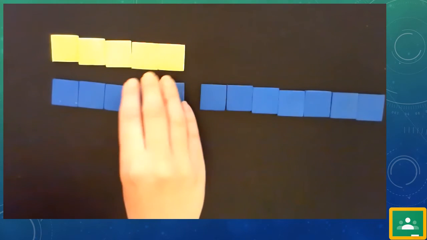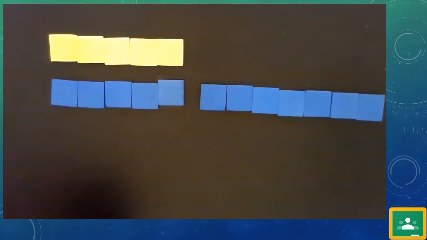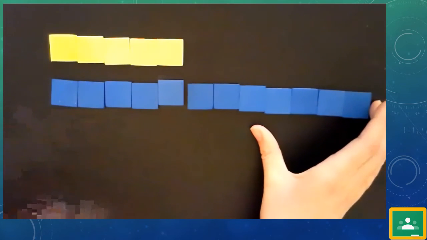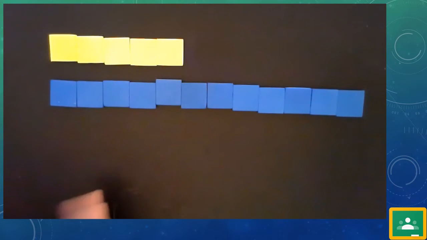So when we are figuring out how many more, we are trying to find the difference between two groups, 2, or more groups. Since we are in second grade, we are not going to complicate things too much, so we will just be comparing two groups.